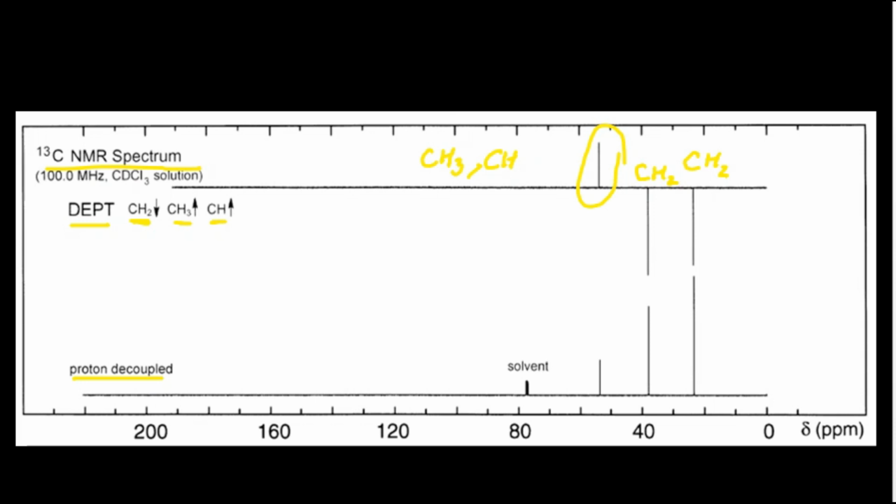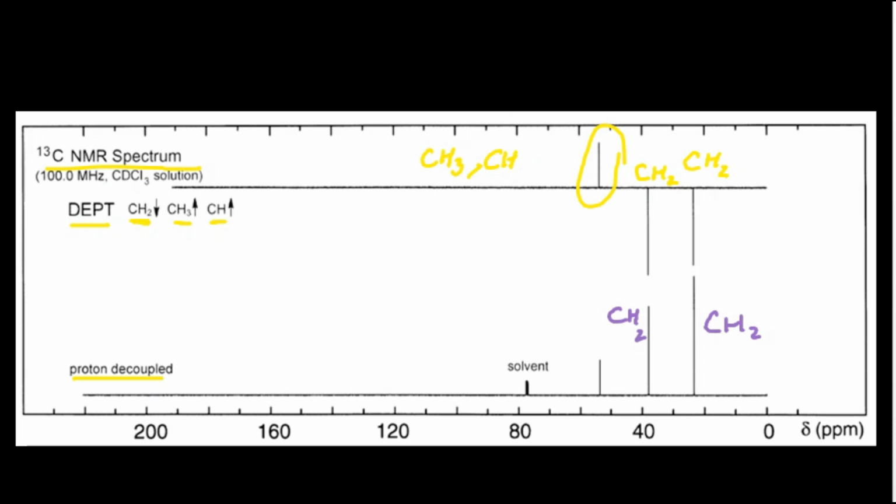So, if you see here in the proton decoupled spectrum, one line is in the position representing the CH2 group in the DEPT. So it means that here a CH2 group is present. And this line is also in the position of the CH2 group in the DEPT, so it also represents the presence of a CH2 group.